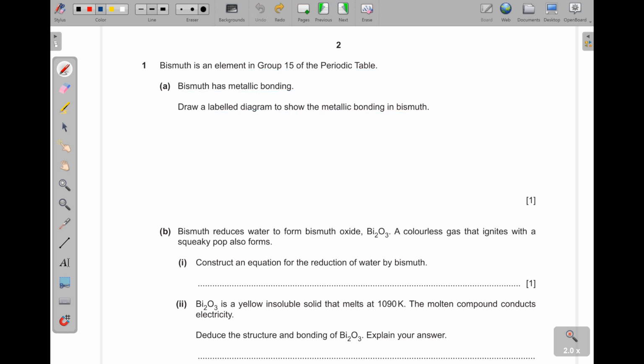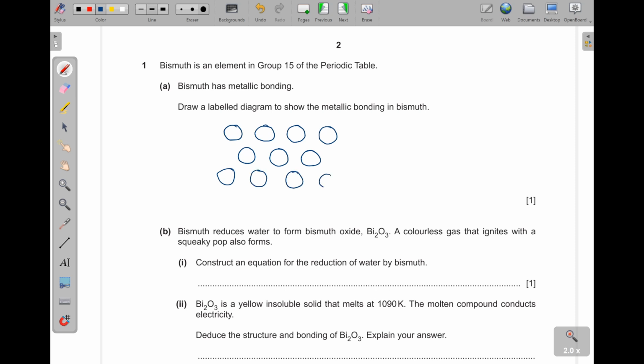Now in metallic bonding, we see the attraction between the positive metal ions and the delocalized electrons. And these positive metal ions are in a regular pattern. The ions are in layers that can actually slide over each other.